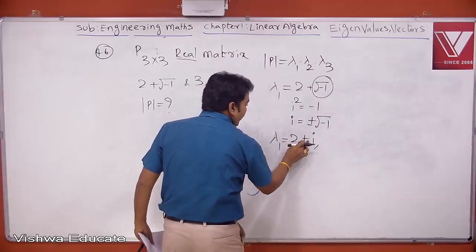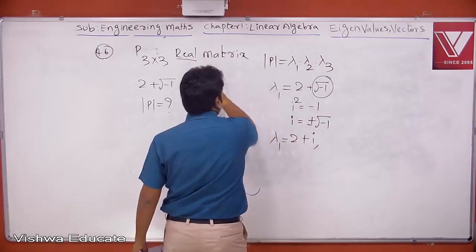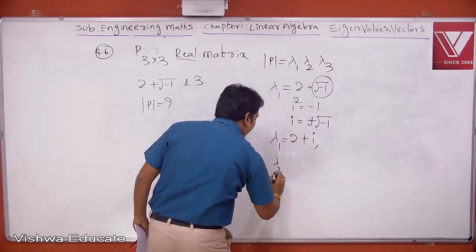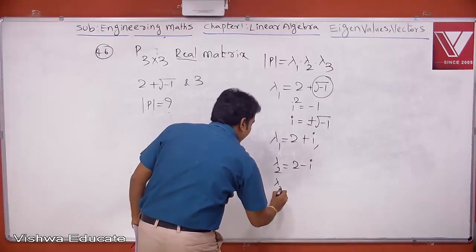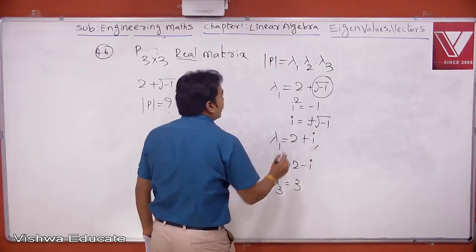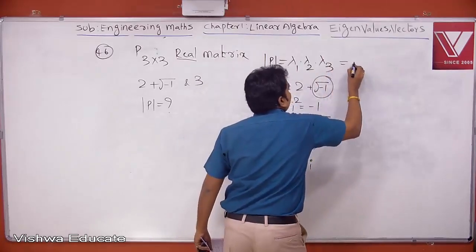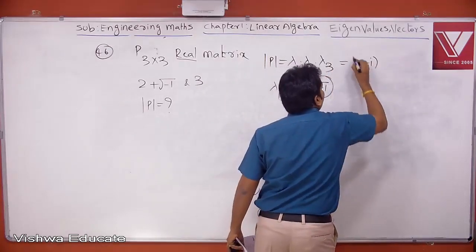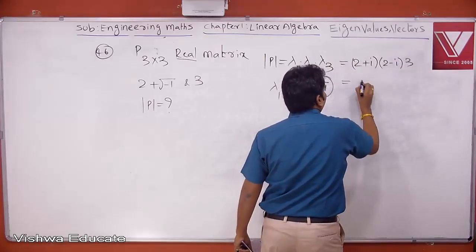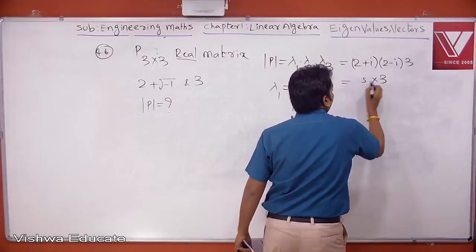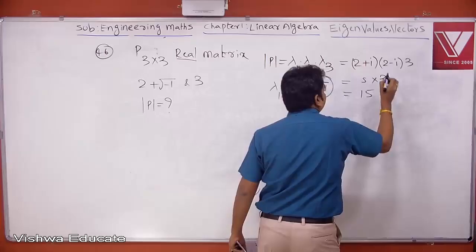When a complex number is an eigenvalue of a real matrix, its conjugate becomes an eigenvalue of the same matrix. So the second eigenvalue is 2 minus i, and the third eigenvalue is given as 3. Therefore, applying the property, this is (2 plus i) into (2 minus i) into 3. So this is 5 into 3, which is 15.